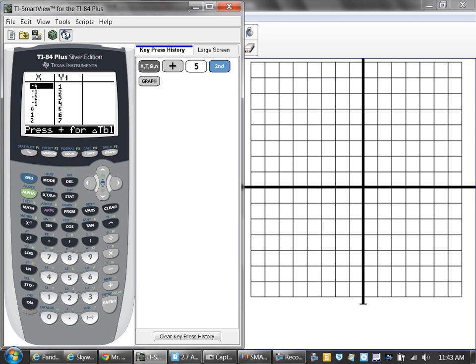Your table might start at 0. What I would do is just scroll up a couple of buttons so that it starts maybe at -3. Because what happens then is that you've got a nice range of positive and negative values for that graph. Because what you have now in front of you are all of the ordered pairs that you would plot. All of your ordered pairs are right there.